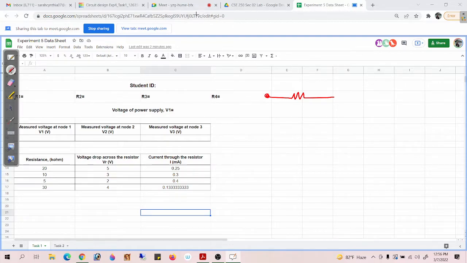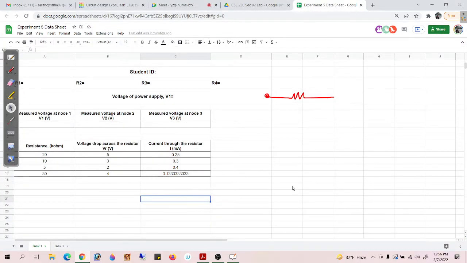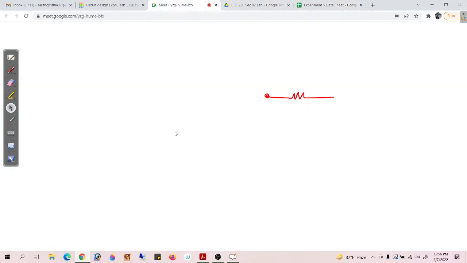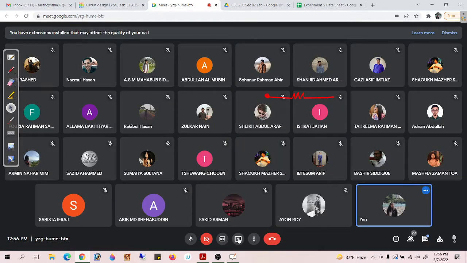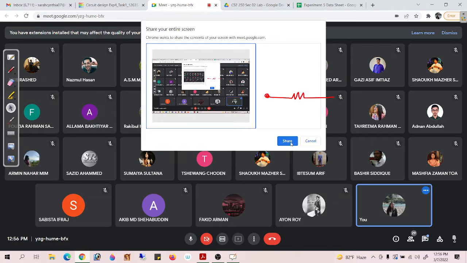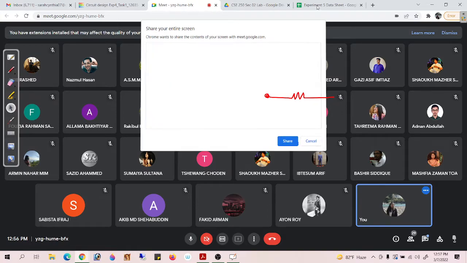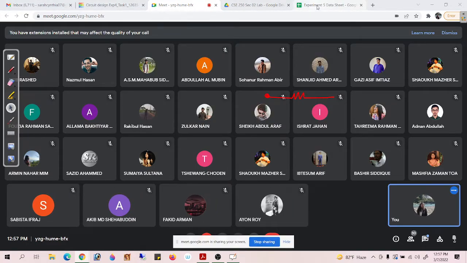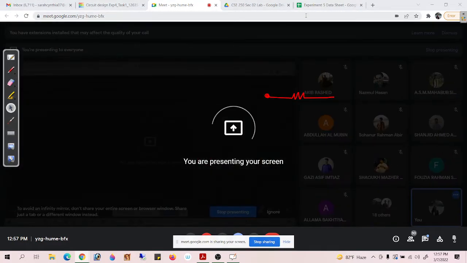You can see only my Excel sheet. Okay, let me share it once again. I've been writing on the Excel sheet, but okay. Okay, now is it visible?